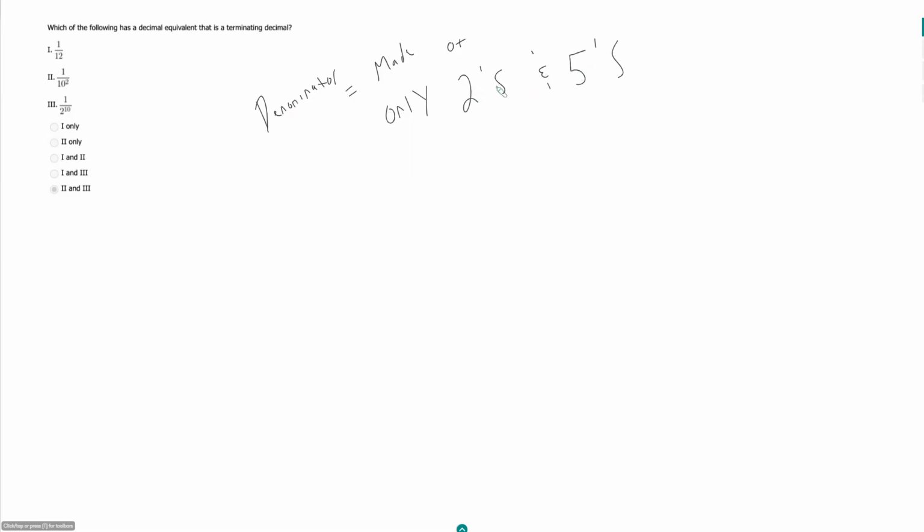But the second you add any factor in the denominator that is not a 2 or a 5, it is no longer terminating. So for example, 1/2 is terminating, and that's 0.5, which should be obvious, because it contains only 2s.